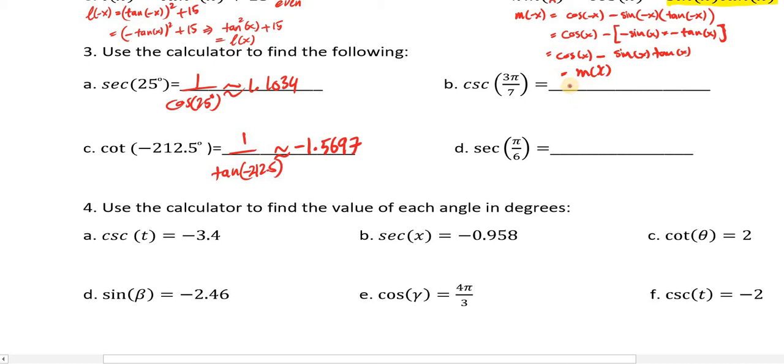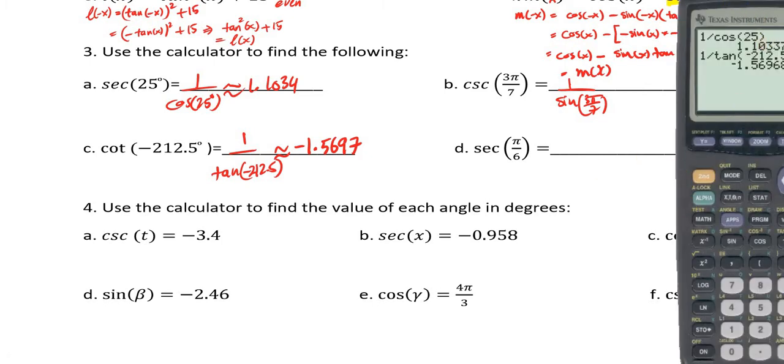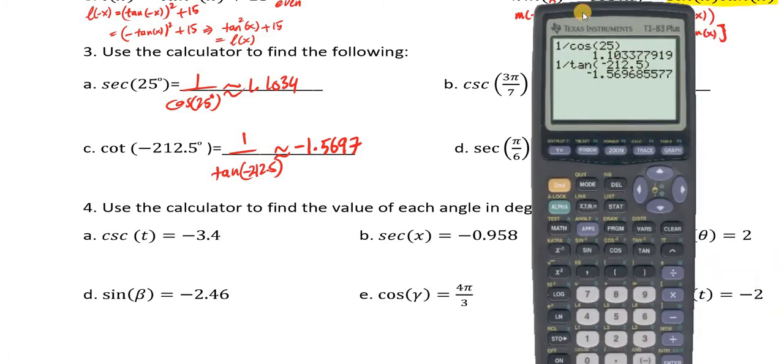So this is 1 over sine 3 pi over 7. So this is what I'm going to enter into my calculator. Here's my calculator right here. I say 1 over sine and then 3 pi over 7. So 3 and pi is here, so second pi over 7. Enter. It's approximately 1.0257.